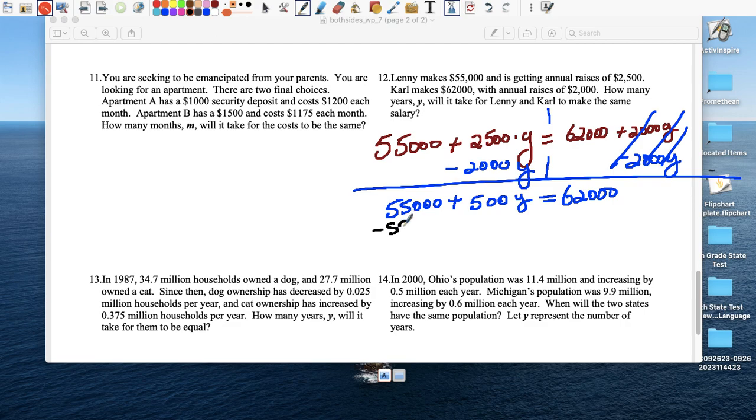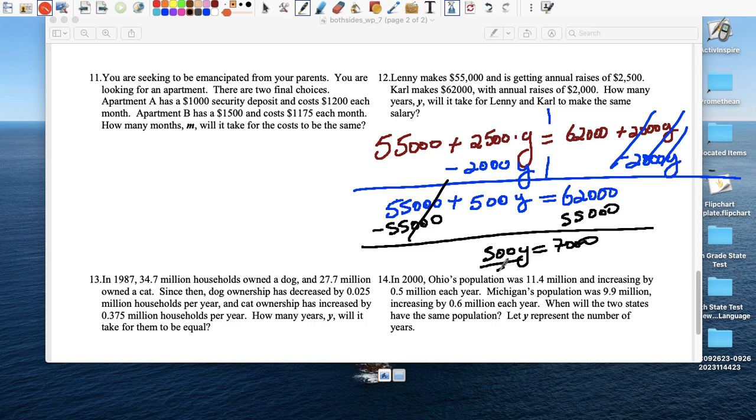I'm going to subtract 55,000 from this side, and I'm going to subtract 55,000 on the other side. That goes away. I'm left with 500y equals 7,000. Divide by 500, divide by 500. Y equals, I believe that's 14.